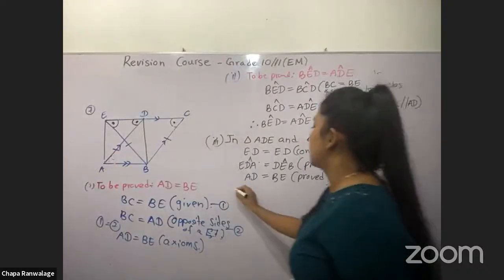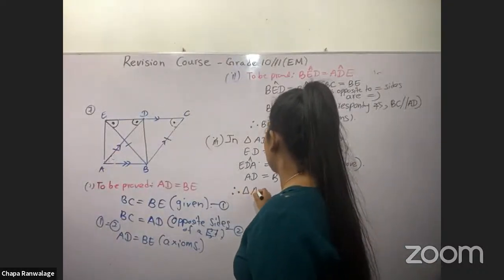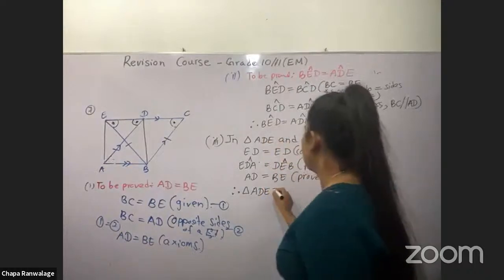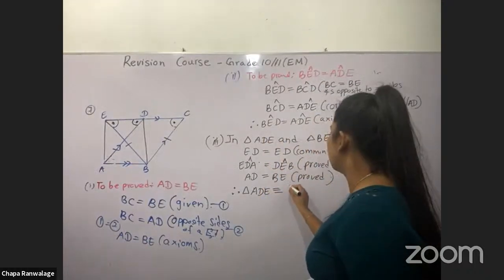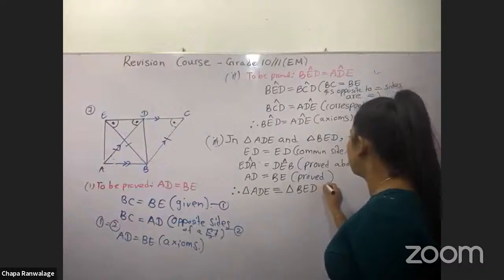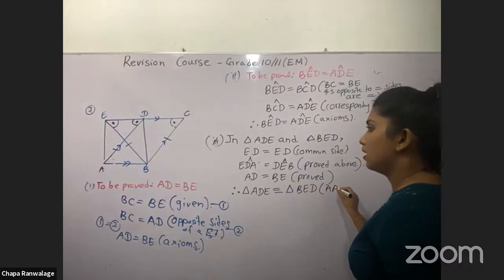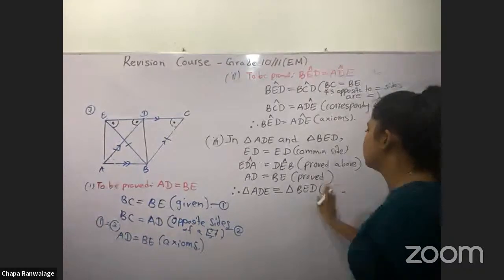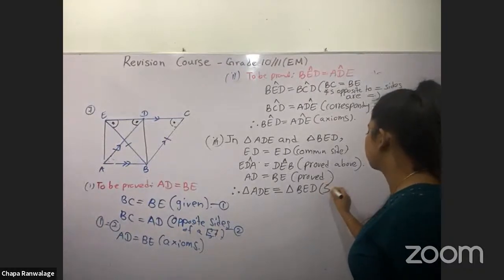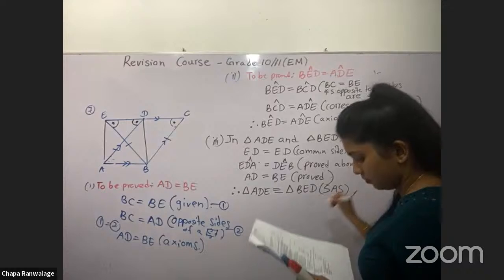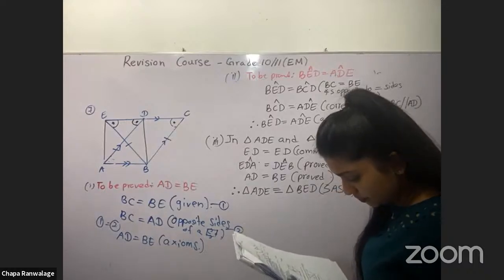True. Therefore, triangle ADE is congruent with triangle BED under the case SAS. Correct?